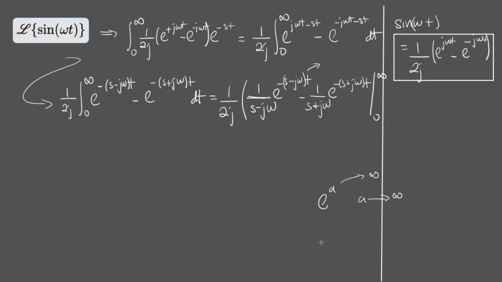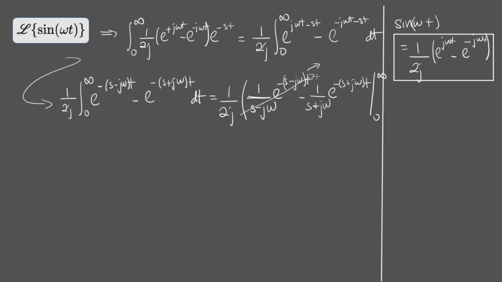If you have e to the negative a, and a grows to infinity, e to the negative a is going to go very fast to 0. It's simple indices. That means that this entire first part of our function, where we solve at infinity, is going to disappear. It's going to go to 0.